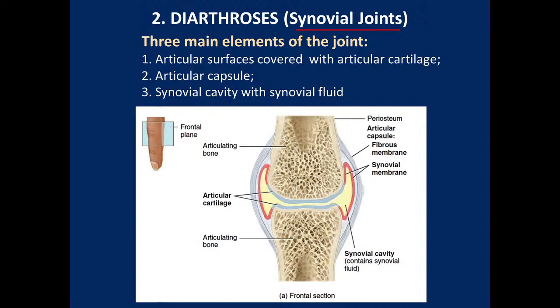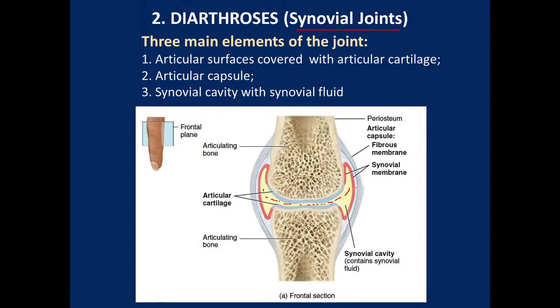As you see, this is a section of the finger, and this is the joint between two bones of the finger, and we find the cavity, yellow here. This cavity we call the synovial cavity of joints.